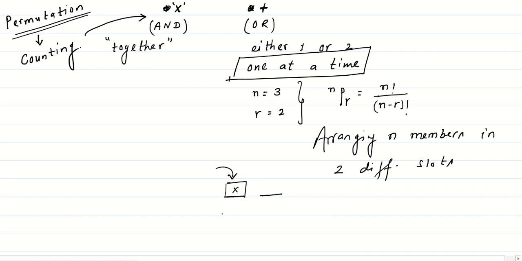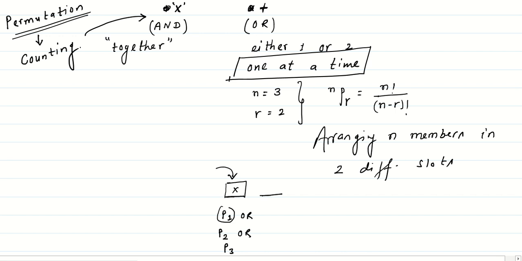So I can say person 1 can sit, or person 2 can sit, or person 3 can sit. OR means plus. So how many ways can the first slot be occupied?